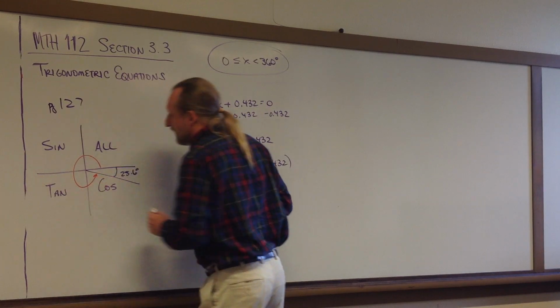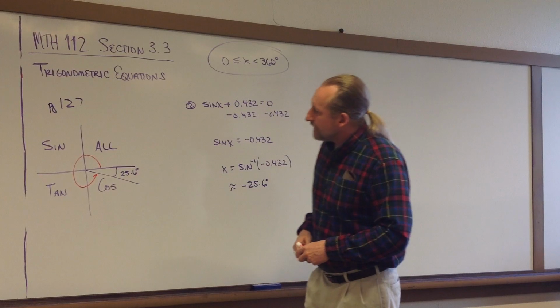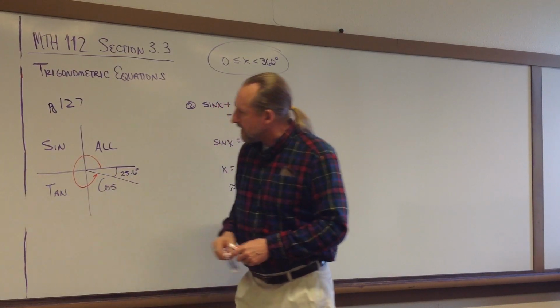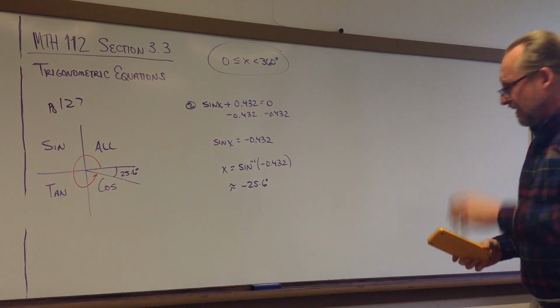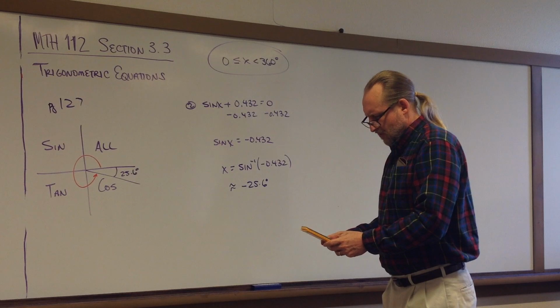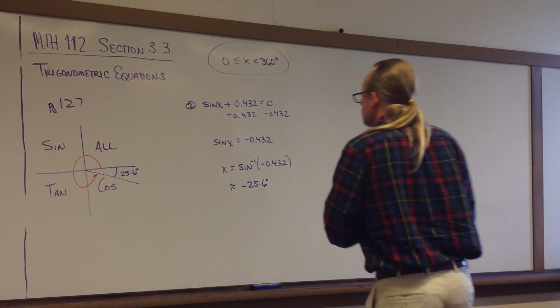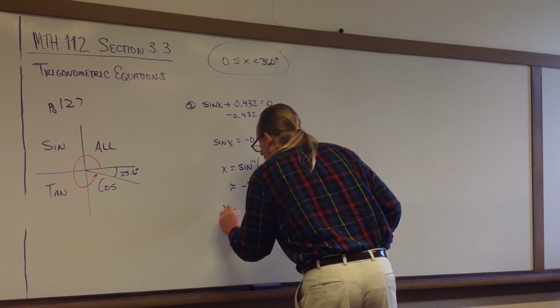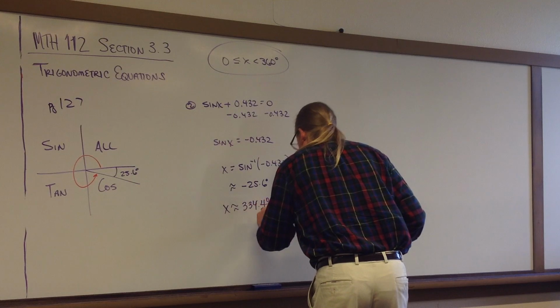That's this angle right here. Now, with this reference angle of 25.6, you can take the 360 and subtract that away. And what is that going to be, like 334 or something? Let's see. Yeah, 334.4 degrees. Okay, so that's going to be one of our answers.